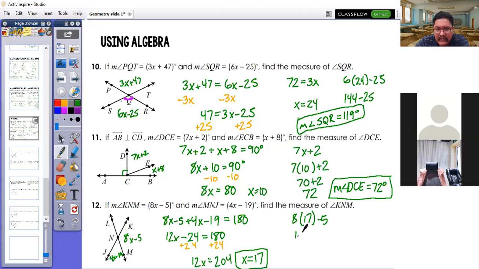If I multiply those together, 136 minus 5, it's going to be 131. I think that's what we're looking for. So measure of KNM equals 131 degrees.